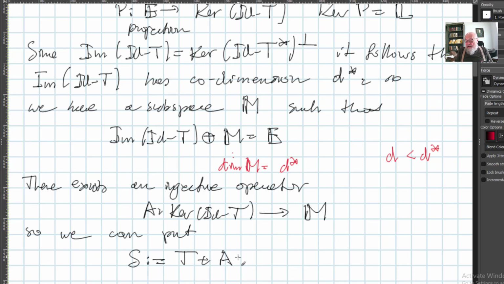This is T plus AP. So notice that this is a finite dimensional perturbation, because A is finite dimensional.